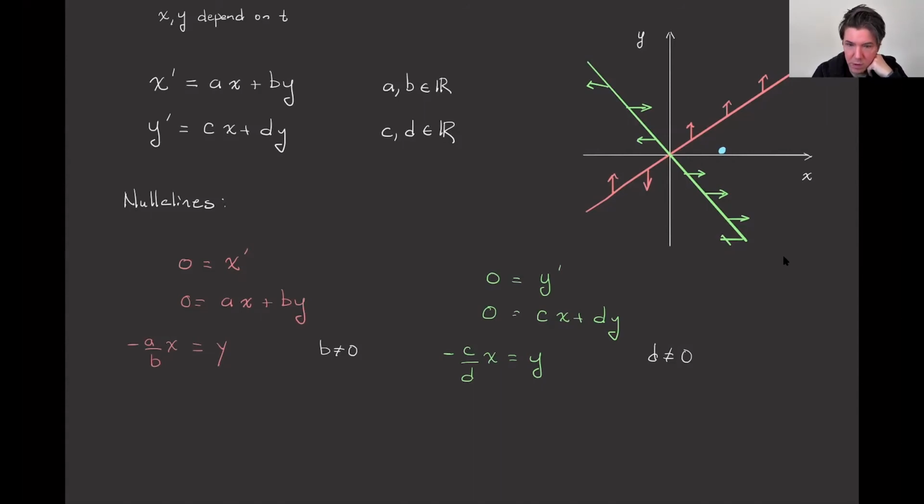Now, we'll have an applet that will allow us to have a computer compute exactly, or very close to exactly, what's going to happen. But my guess, looking at this, is that we have slopes that are probably positive, up to the right, when we're around the red nullcline.